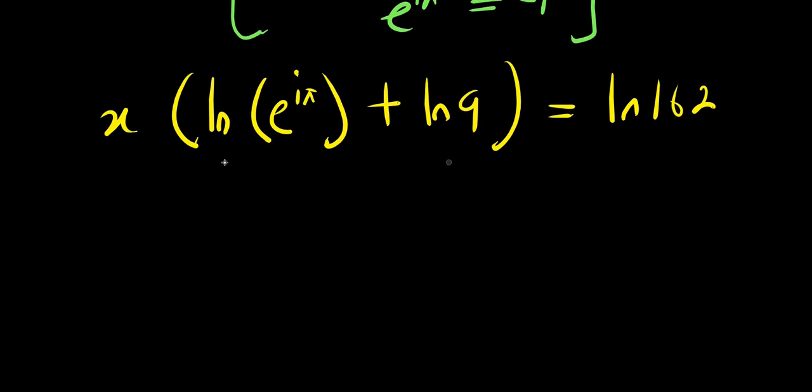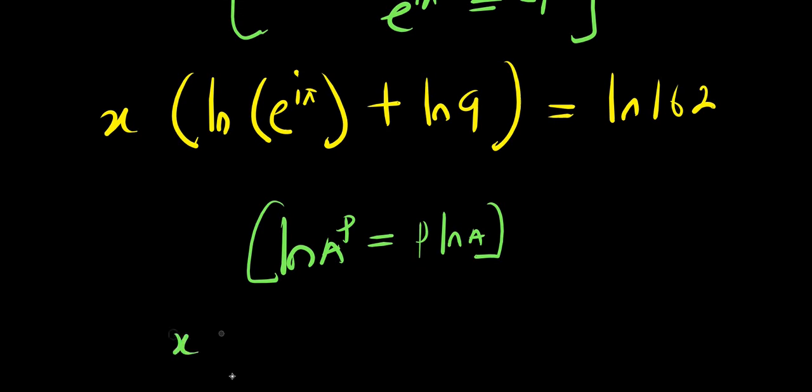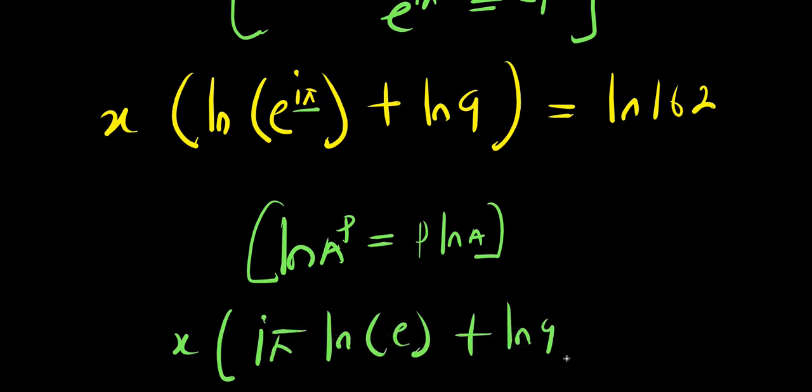And also remember, natural log a power p equals p times natural log a, so this means x times this i pi comes behind this. We have i pi natural log e plus natural log 9 equals natural log 162.